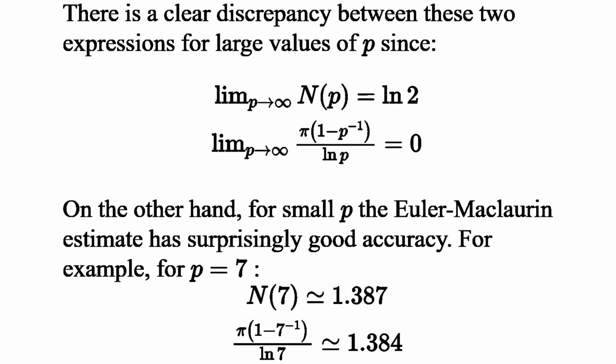However, for not so large p, we have a surprisingly good accuracy. For example, at p equals 7, you can see this function coincides for two digital values. So it would be interesting to clarify in future whether this approximation works well, and what is the limitation of this approximation.